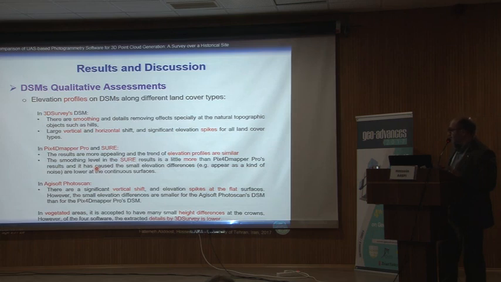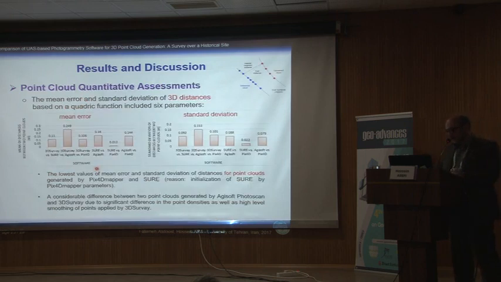Also regarding the vegetation area, it is accepted to have many small height differences because of the behavior of the trees. Therefore, for Pix4D and Shore, more or less the same quality, or let's say you cannot really compare them, other than that small shift that we have always seen in the Agisoft result.